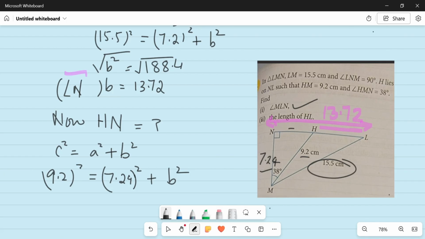Square 9.2 and 7.24 and subtract, so we get 32.76. Then we take the square root, so b is 5.72.